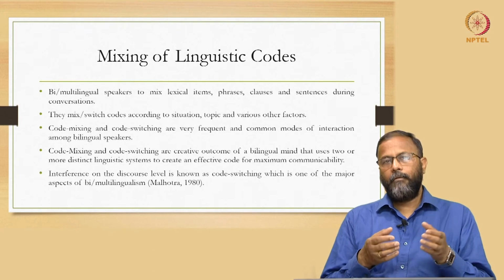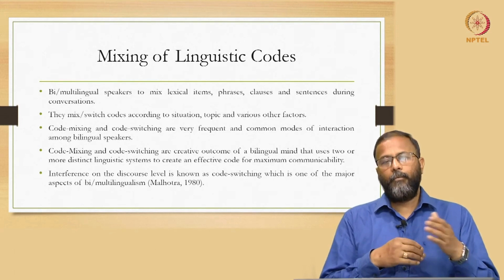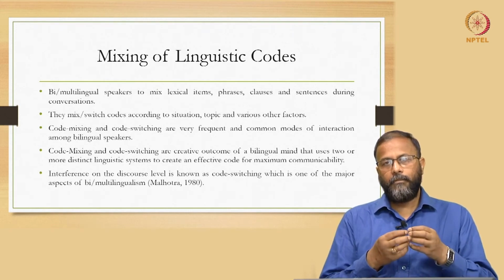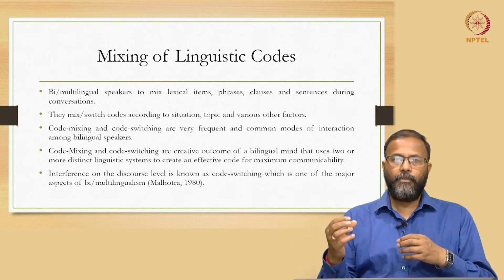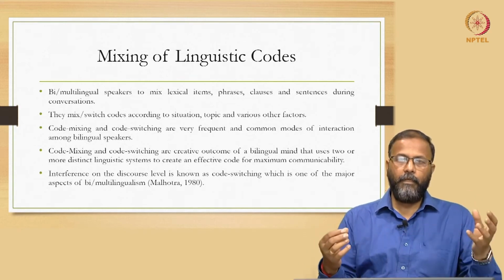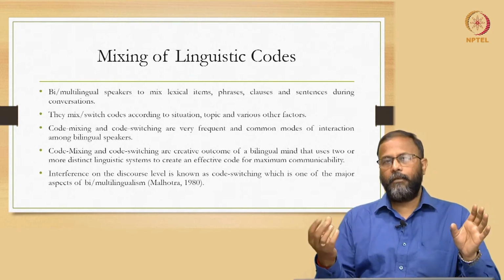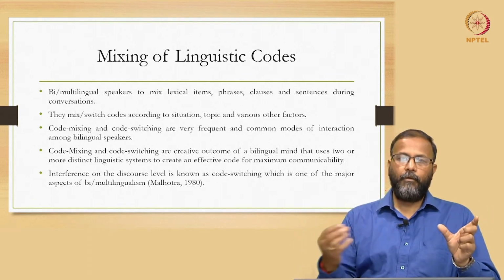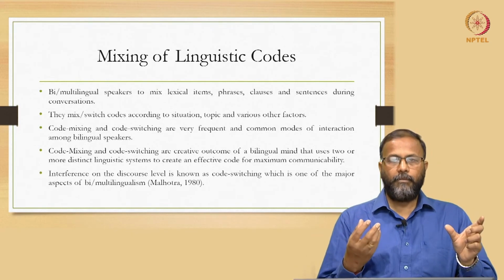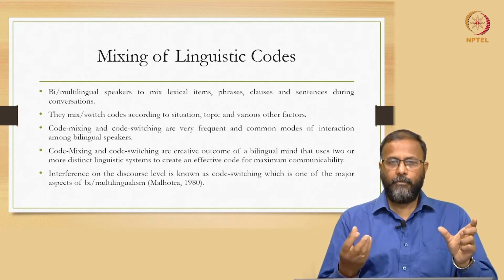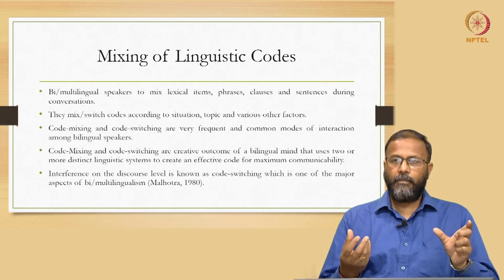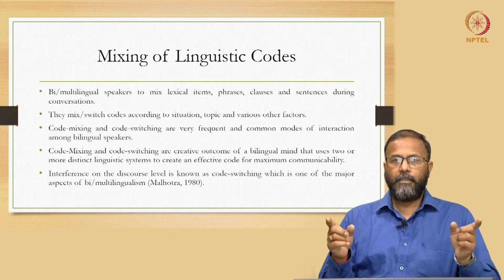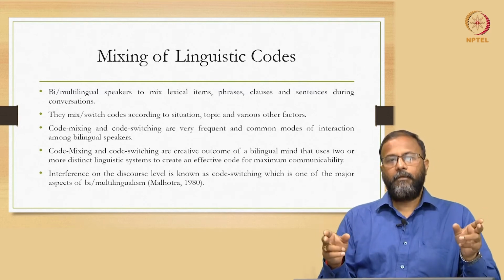So when we insert expressions, words, phrases, clauses from one language to the other language, when language A and language B, L1 and L2, in the L1 structure, you mix or bring in expressions, words, clauses, not sentences, and mix them in L1. So it happens at sentence level, within a sentence.